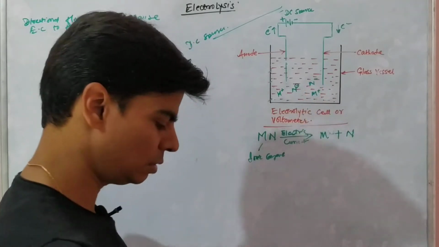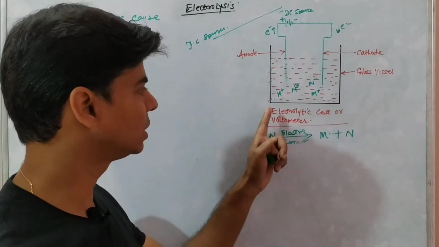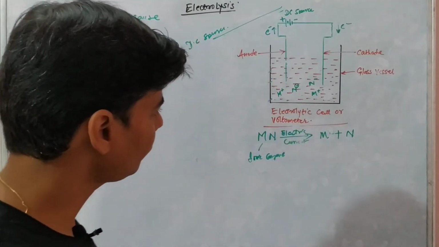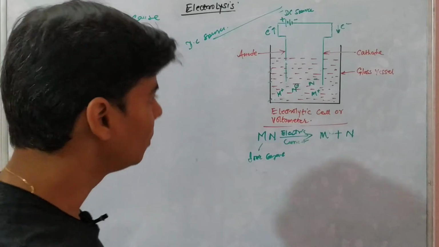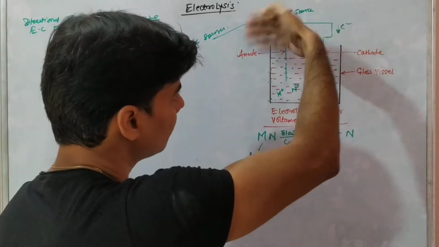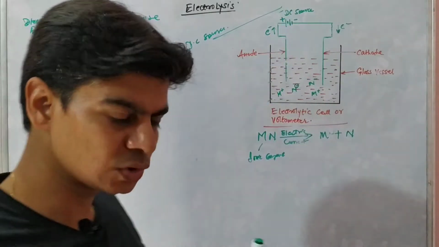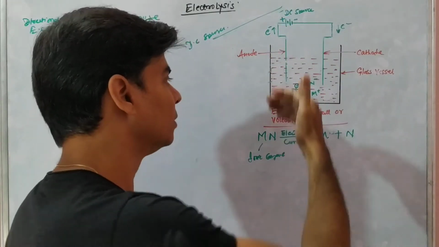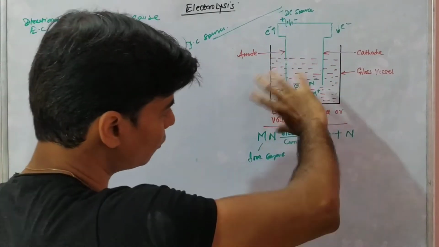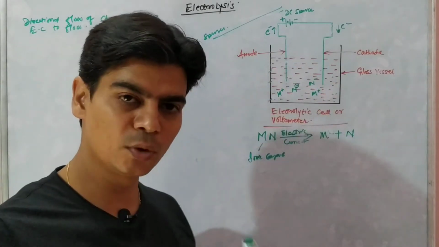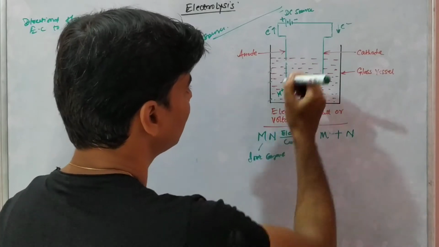So this solution or this electrolyte will consist of M plus and N minus ions, right? So when the electric current is not turned on, these ions are in a mobile state, right? The electrolyte contains mobile ions, right?